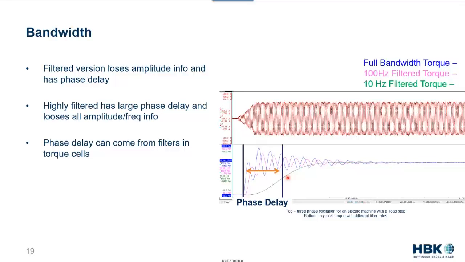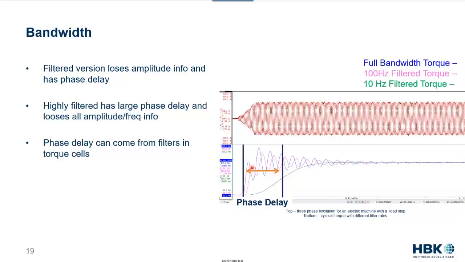So it's the same torque measurement, but with different filters applied. The bright blue signal is the full bandwidth or instantaneous torque. And you can see that we get a really large swing with that instantaneous torque. It goes up to about a 50% overshoot there before it settles down into the steady state.